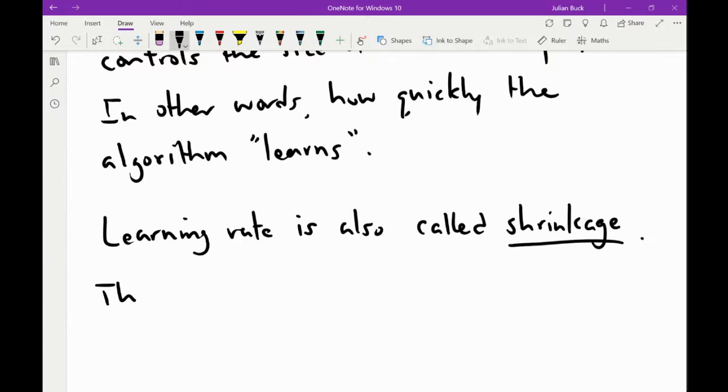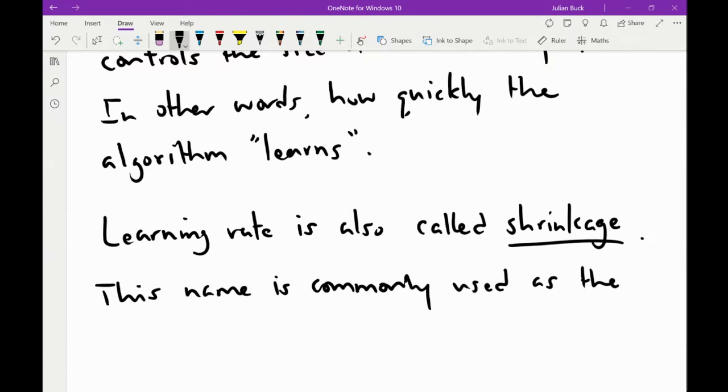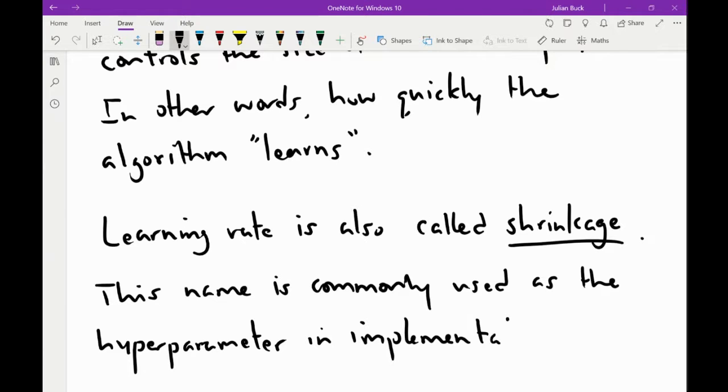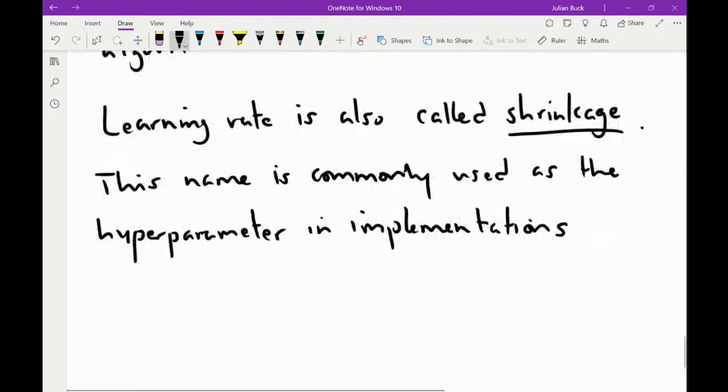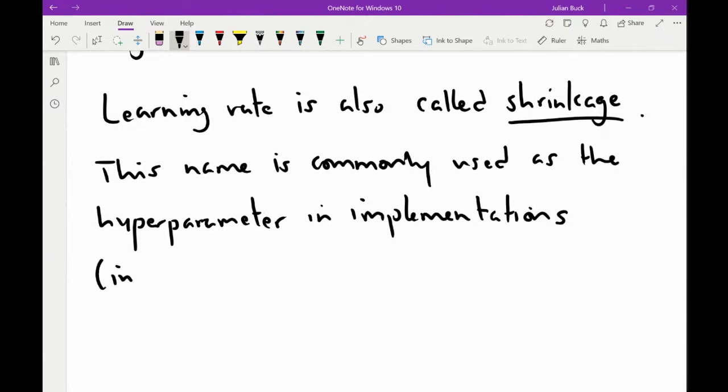And so this name is commonly used as the hyperparameter in implementation packages, so in implementations in R and elsewhere, for gradient descent algorithms.